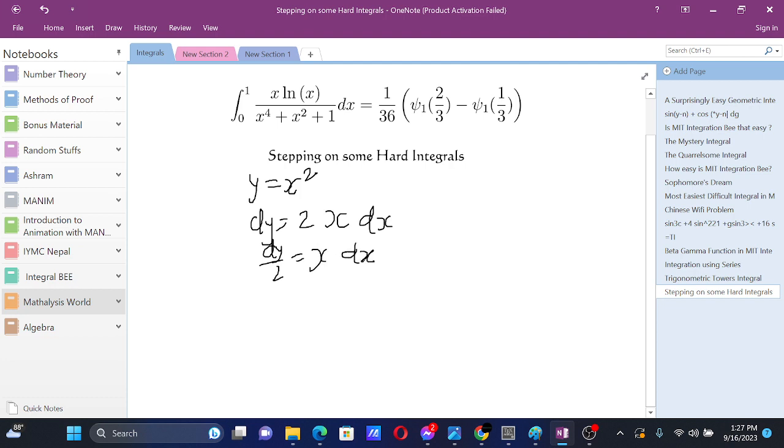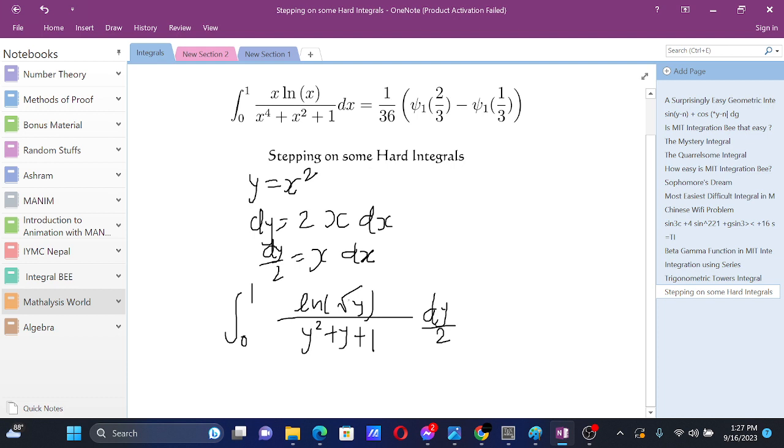So now using the substitution, we have the integral from 0 to 1 of ln of root y over y square plus y plus 1, and then dy over 2.